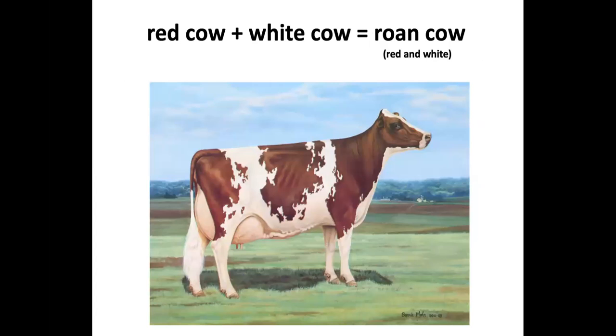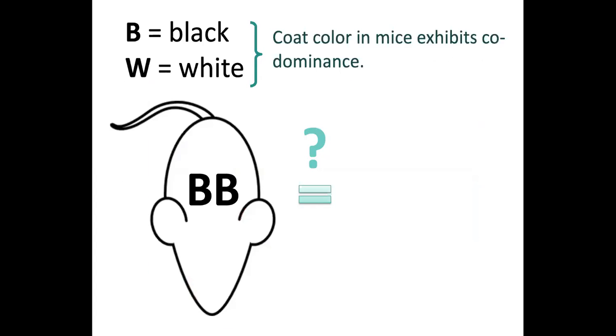So we have a red cow and a white cow. Do they make a pink cow? No. Okay, they make what is known as a roan cow that is red and white. So this is codominance. So let's do what we did yesterday, except now instead of incomplete, we're doing co. So B is black, W is white.